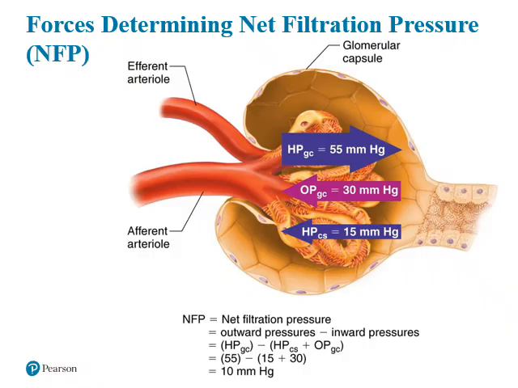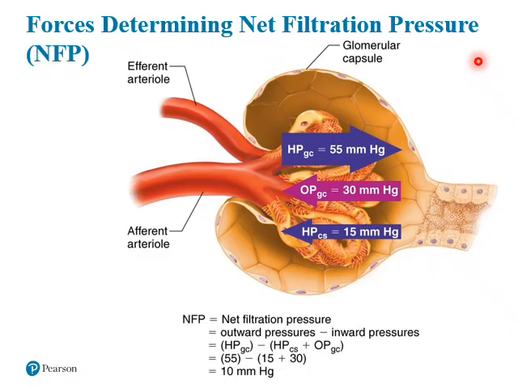So you have your net filtration pressure. The net filtration pressure is the one that would produce the filtrate that goes right through the tubule. And the net filtration pressure is affected by several parameters.